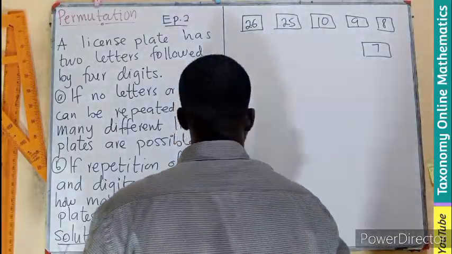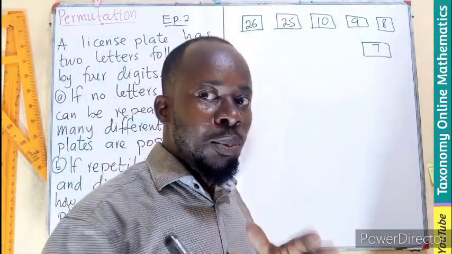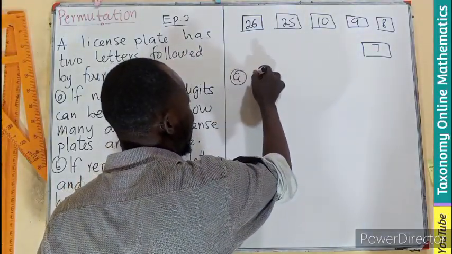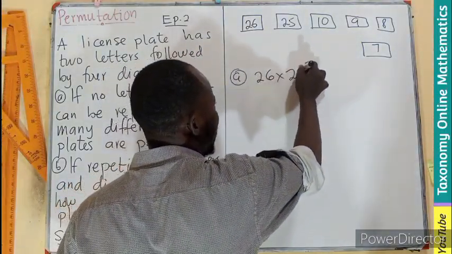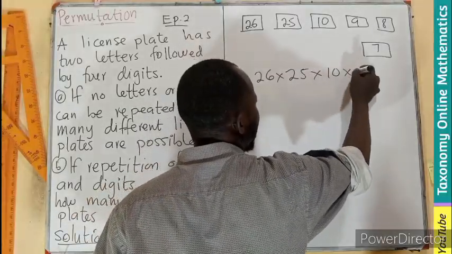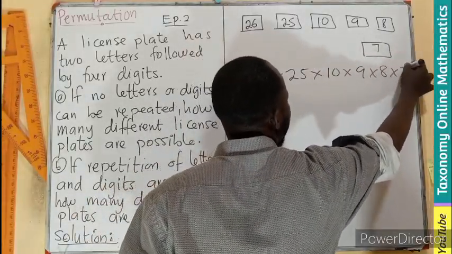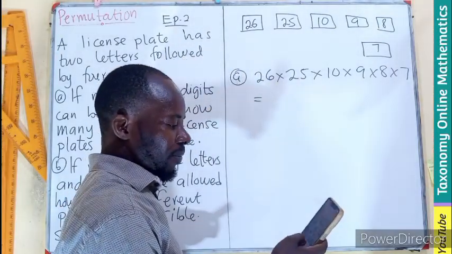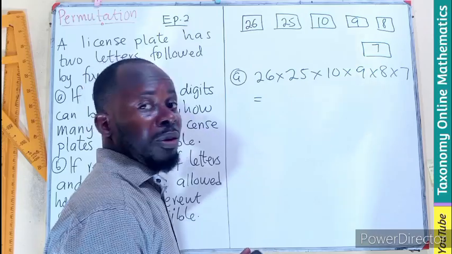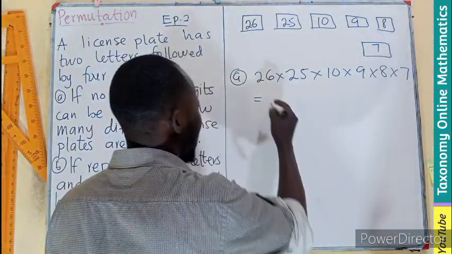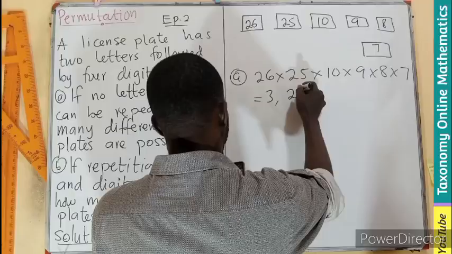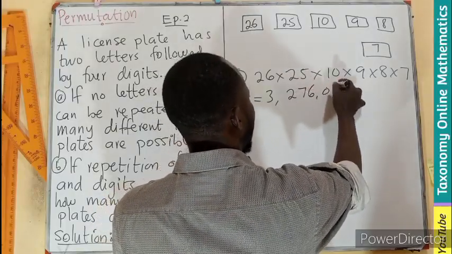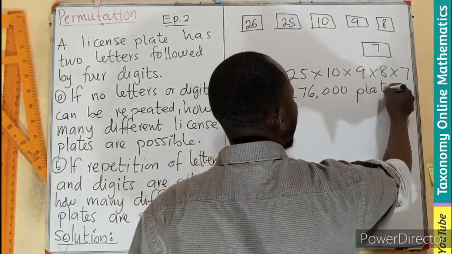7. So in terms of our fundamental principles of counting we did in the first episode, we can say that we have 26 times 25 times 10, 9, 8, 7. That will give us a total of what? So this will be giving us a total of 3,276,000 plates.